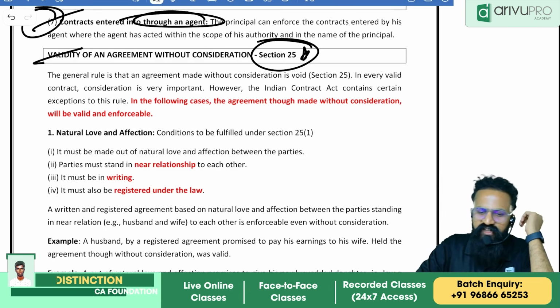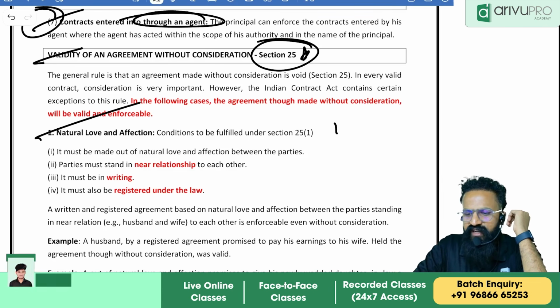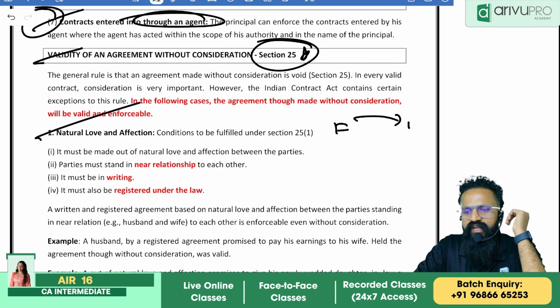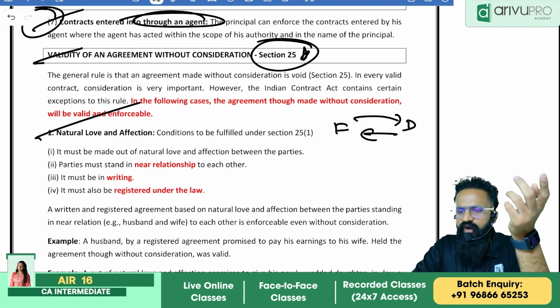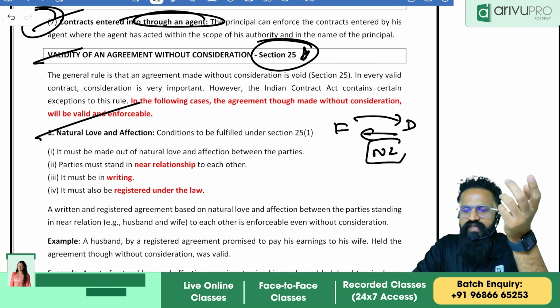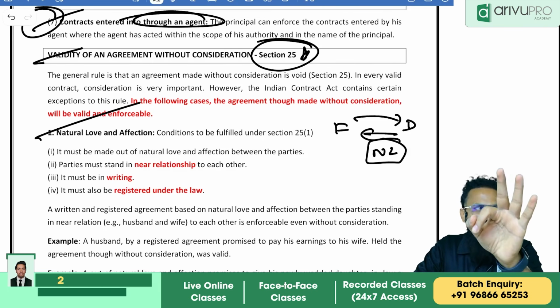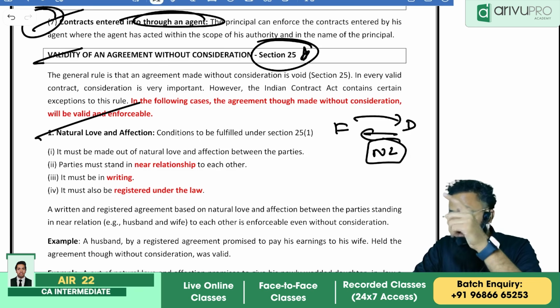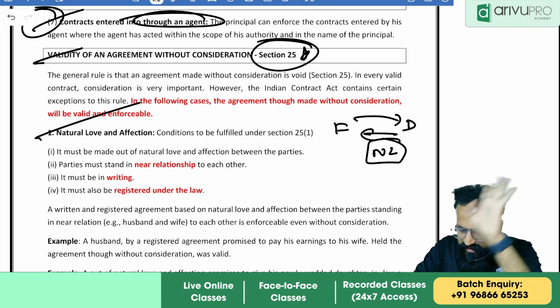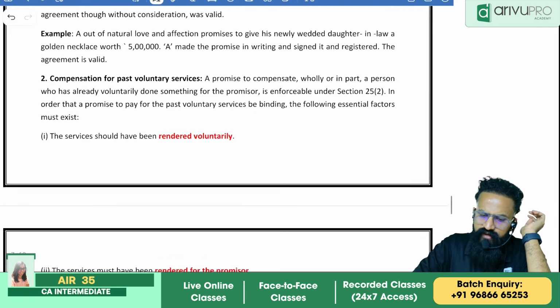What is that? First one is natural love and affection, for example a father transferring his property to a daughter. Father is giving property; what is the daughter giving? Natural love and affection. Provided there are three conditions you need to satisfy. This has to be in near relationship, it has to be in writing, and mandatorily it has to be registered.